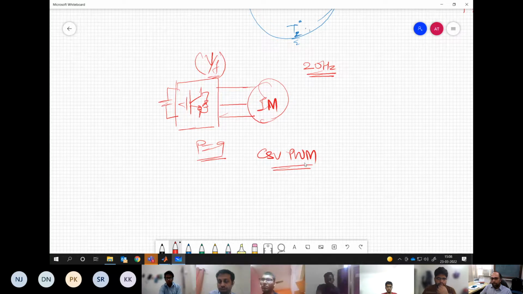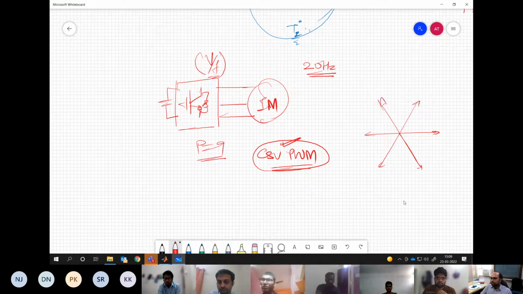So this is where our understanding should be: what we need to implement CSV PWM. We need to apply appropriate vectors in different sectors. Correct? Yes or no? Yes, sir. These are 6 vectors which we are going to apply.